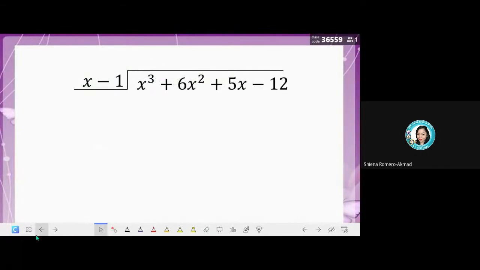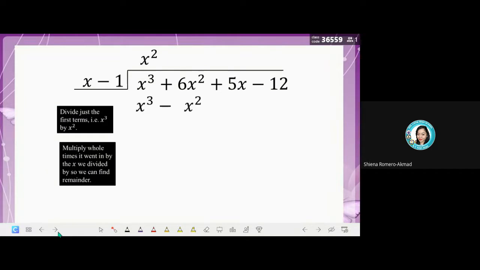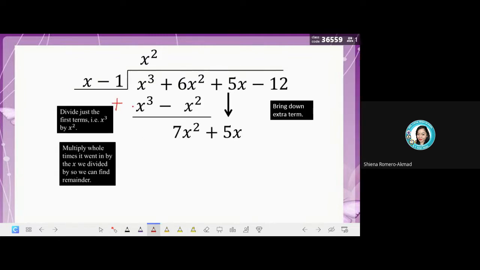Ayan, ito. So, una, divide. First to first. Then, multiply. So, naging x cubed minus x squared na. Subtract, change the sign. Magiging 7x squared. Hindi lang nalagyan dito, no? Pero meron yan dito, ano, plus, tapos ito naging negative, ito naging positive.